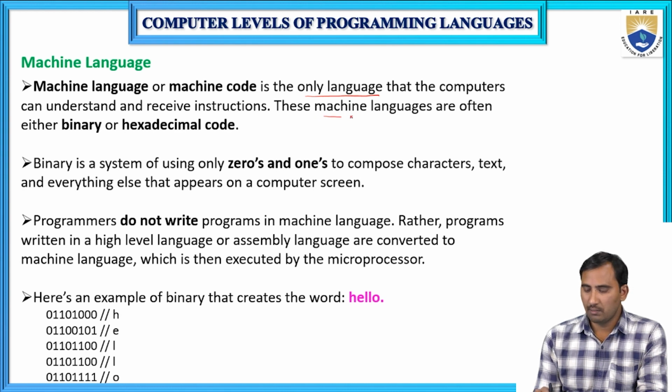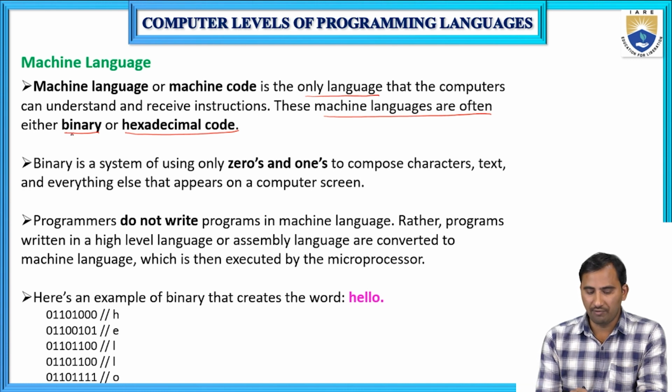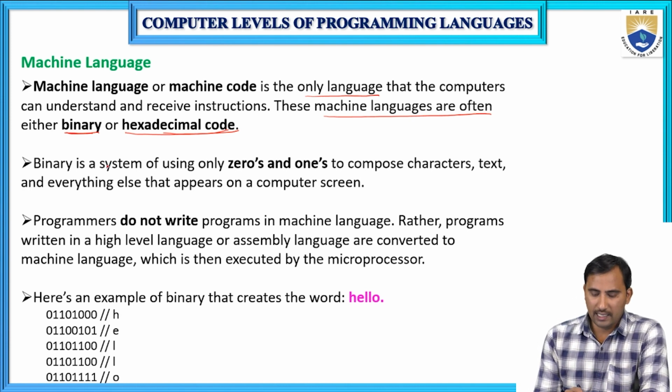These machine languages are often either binary or hexadecimal. The instructions are represented only in the form of the binary number system or hexadecimal code, and binary is a system of using only zeros and ones.